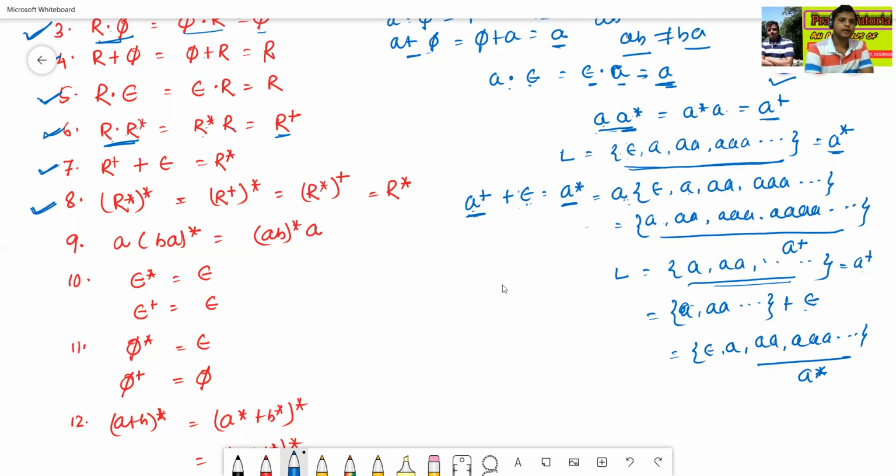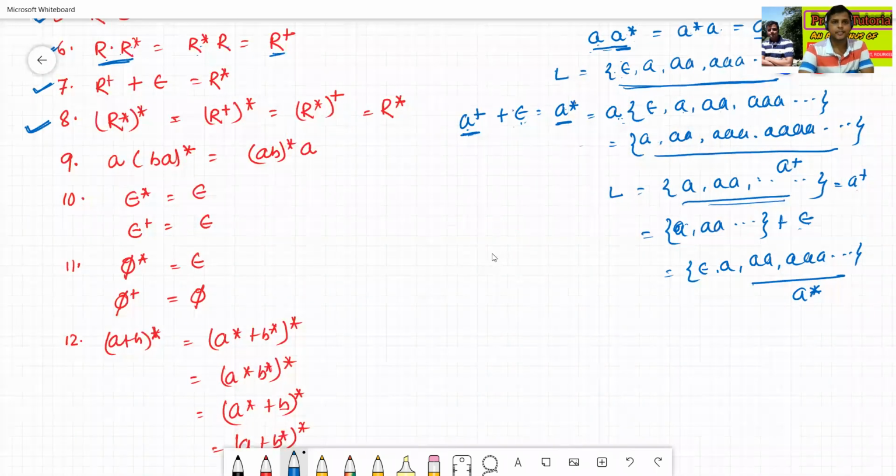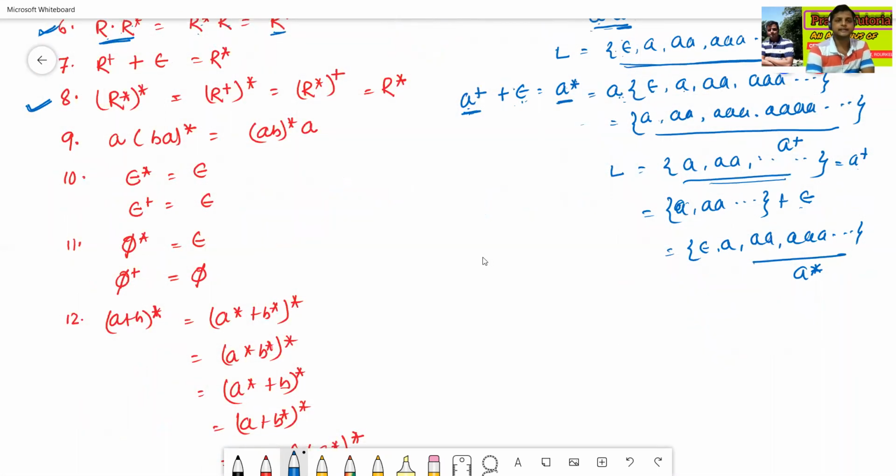In the eighth identity, r star whole star equals r plus whole star equals r star plus, which is equal to r star.